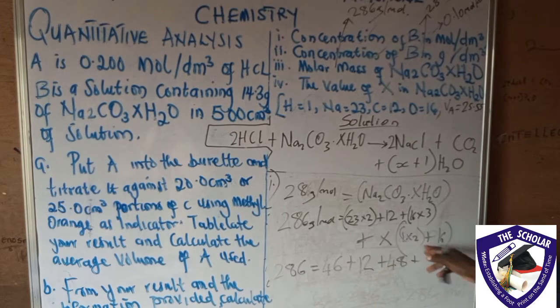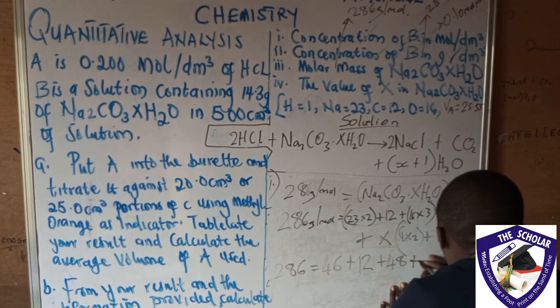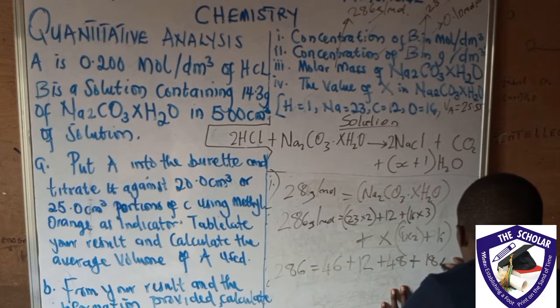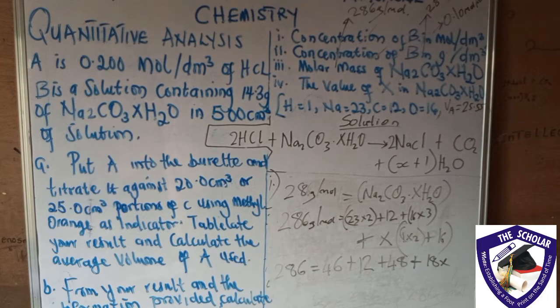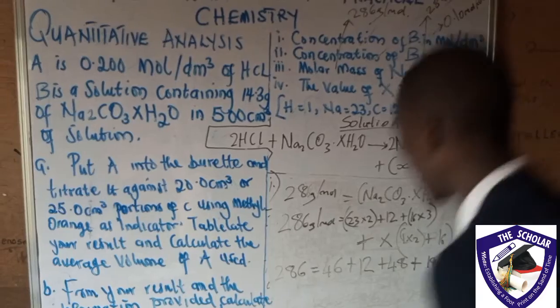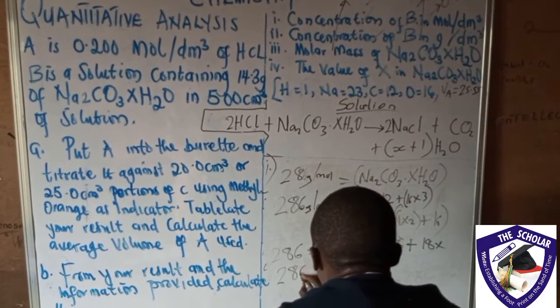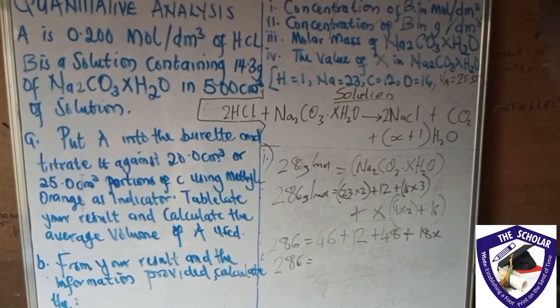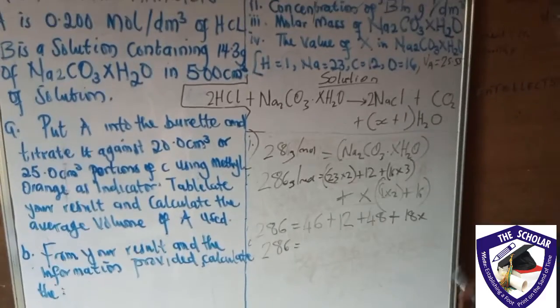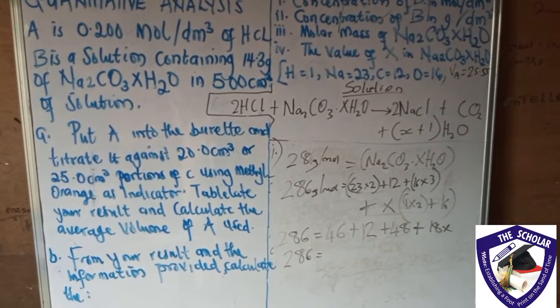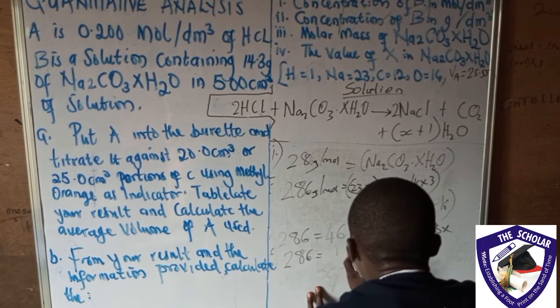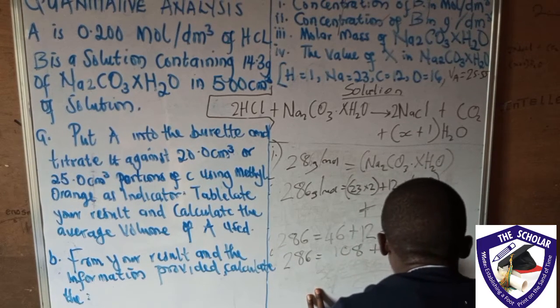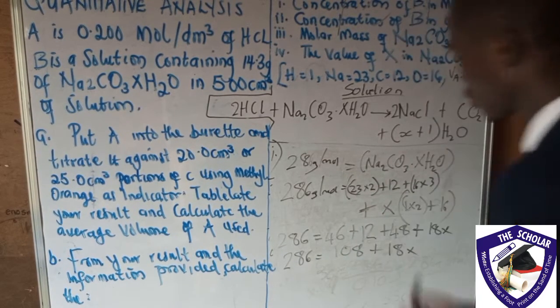X multiplied by 18 is 18X. So let's add this together. We have 286 equal to 46 plus 12, which is 60. 60 plus 48, 108. So we have 108 plus 18X.